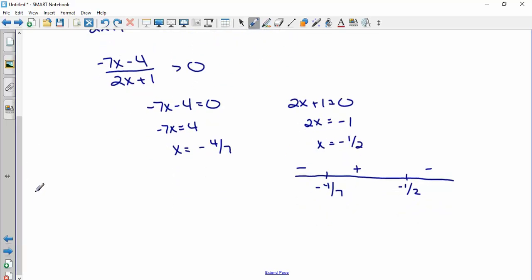Which one did I ask for? Positive. Greater than 0 is positive. No equal to, so just parentheses, so -4/7, comma, -1/2.